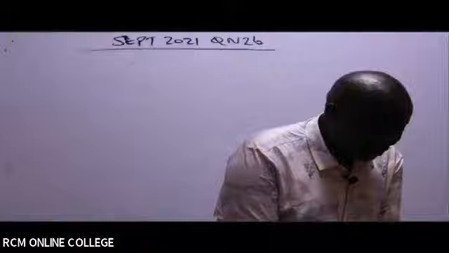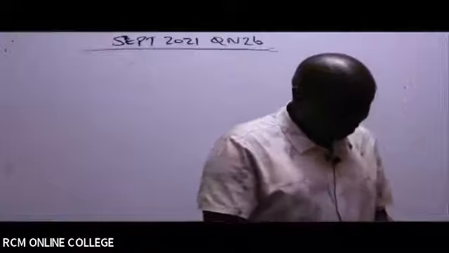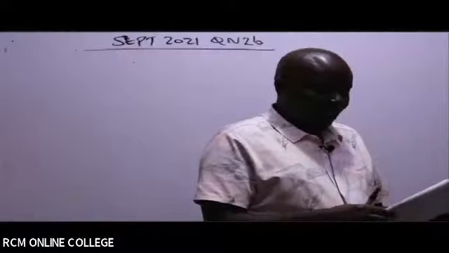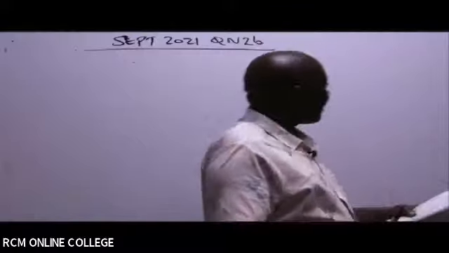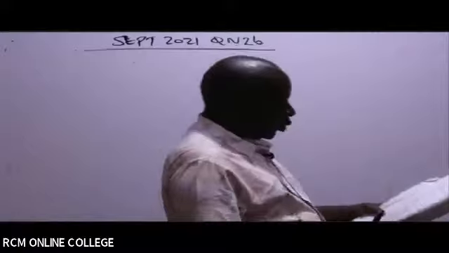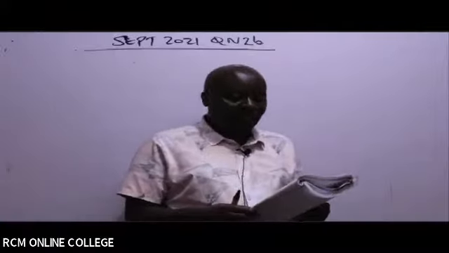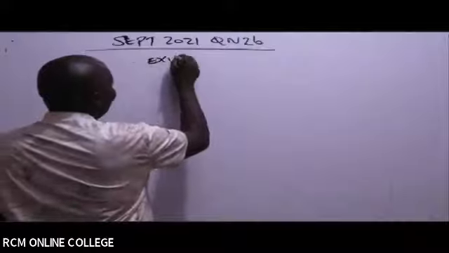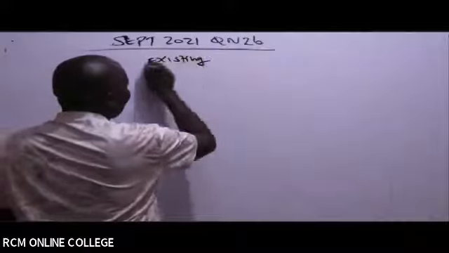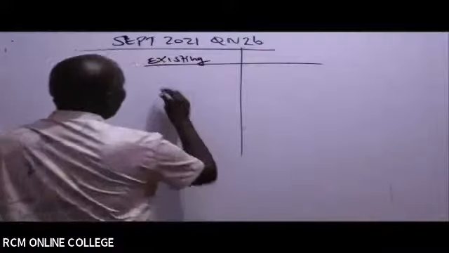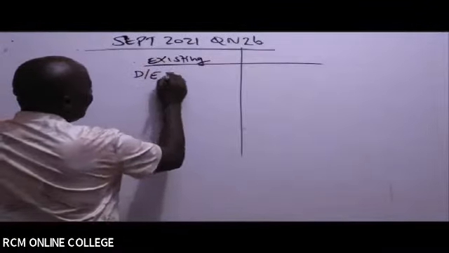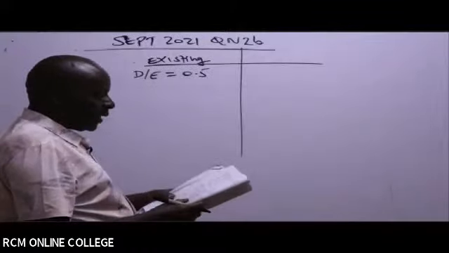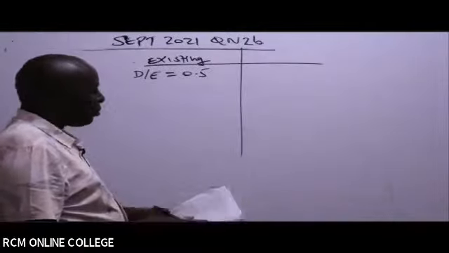So Mambo Limited, that is September 2021, question number 2B. Mambo Limited, existing debt to equity is 0.5. And the asset beta is 0.4.